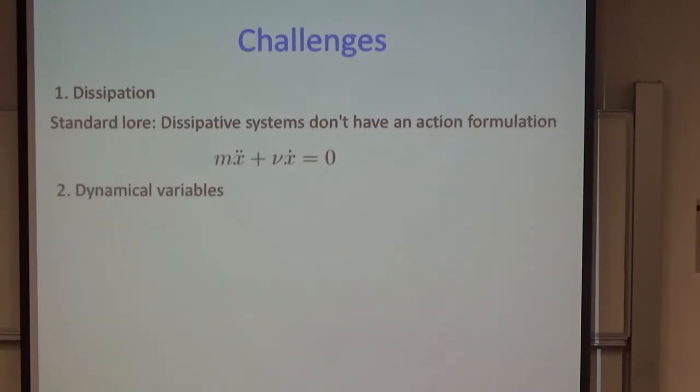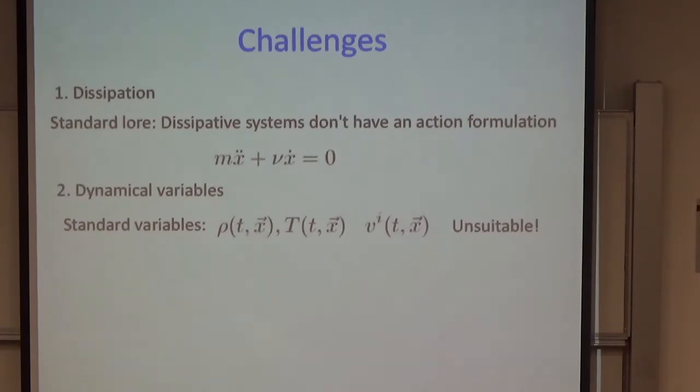The second challenge is what dynamical variables you should use. Standard hydrodynamics uses, say, the particle density, local temperature, and velocity, etc. But it turns out they are unsuitable for an action principle, for a first principle formulation. There is a simple reason for it. If you look at the equations of motion for hydrodynamics, they are expressed in terms of the first derivative of those quantities.